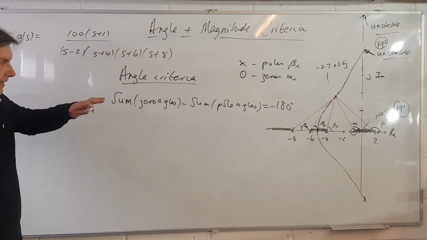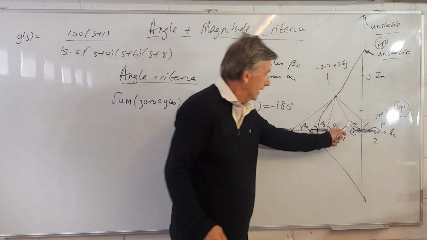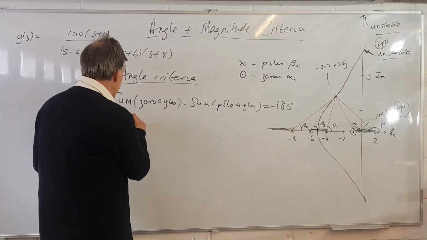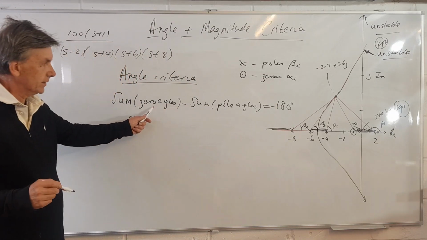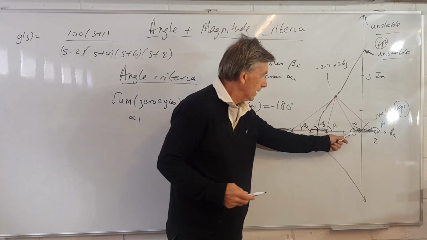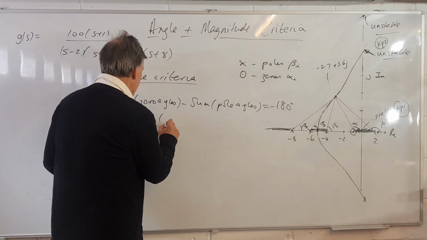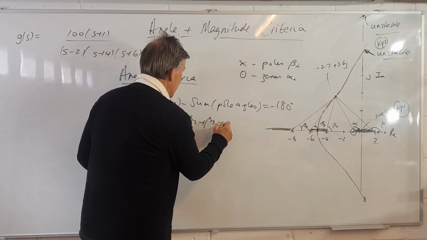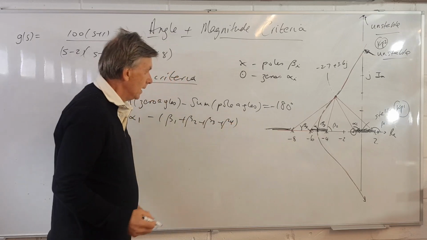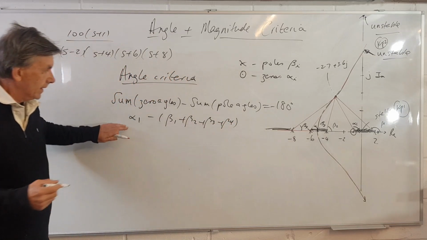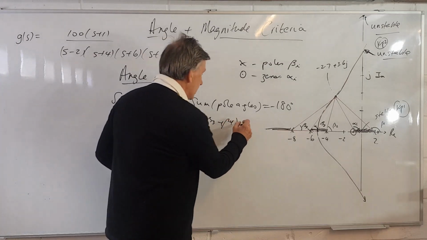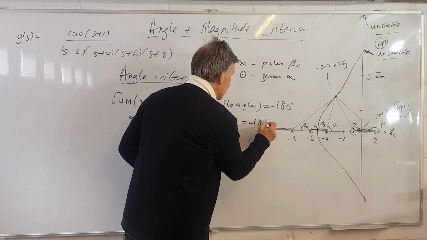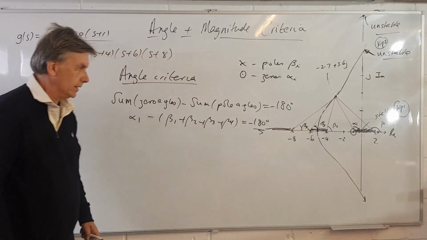So we put our angles in: alpha 1, the zero angle, minus beta 1 plus beta 2 plus beta 3 plus beta 4. If we do this correctly and add all these numbers up, amazingly it will come out to exactly 180 degrees.